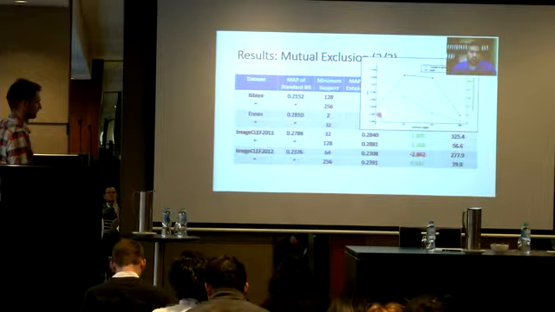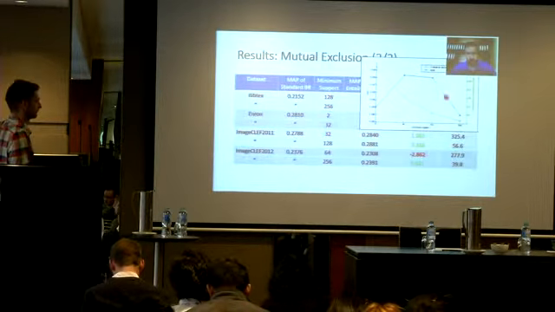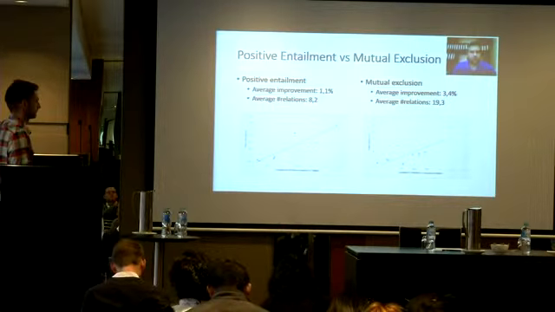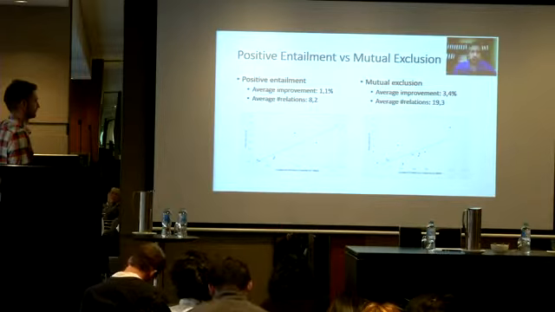And we also see that performance, mean average precision, increases with the increase of minimum support, but if we continue increasing the minimum support a lot, then performance deteriorates again. Comparing positive entailments with mutual exclusions, we notice that the latter lead to larger improvements, probably due to the higher number of relationships and the corresponding higher number of affected labels.